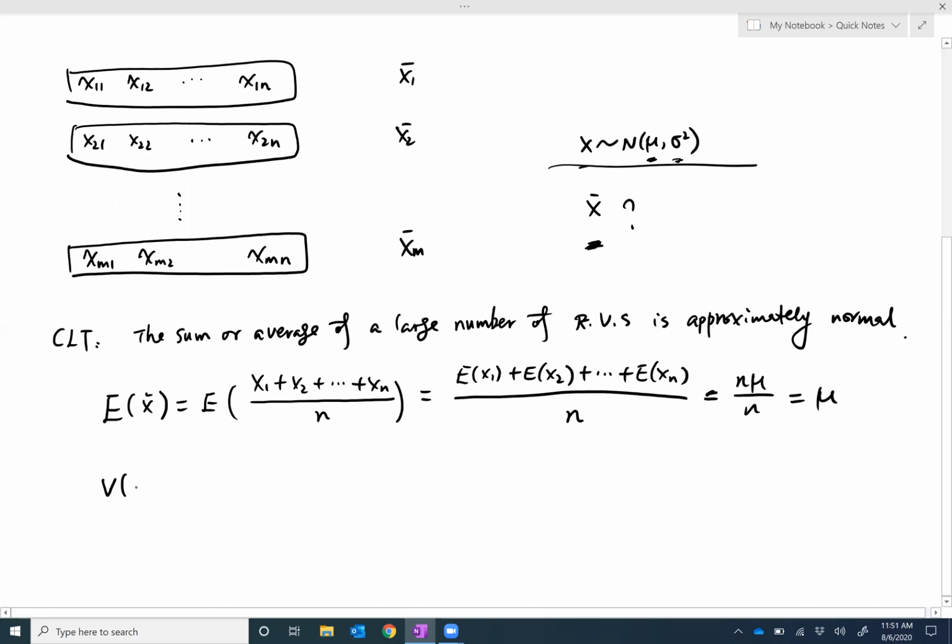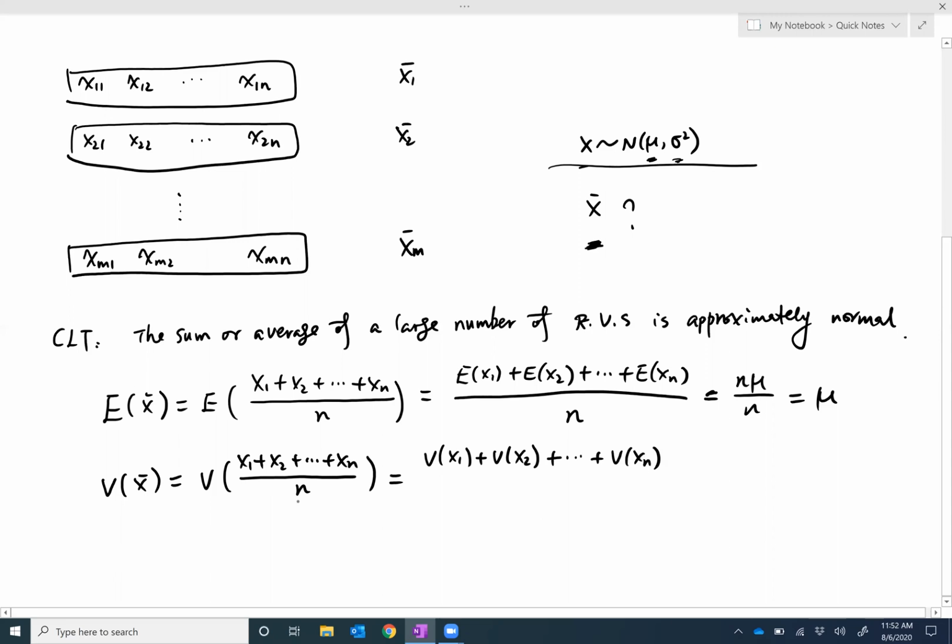Now let's look at the variance of x bar. This equals the variance of x1 plus x2 and so on, add all of them together and then divide by n. Now each of x1, x2, xn is a random variable, so we have the variance of x1, variance of x2, and variance of xn.